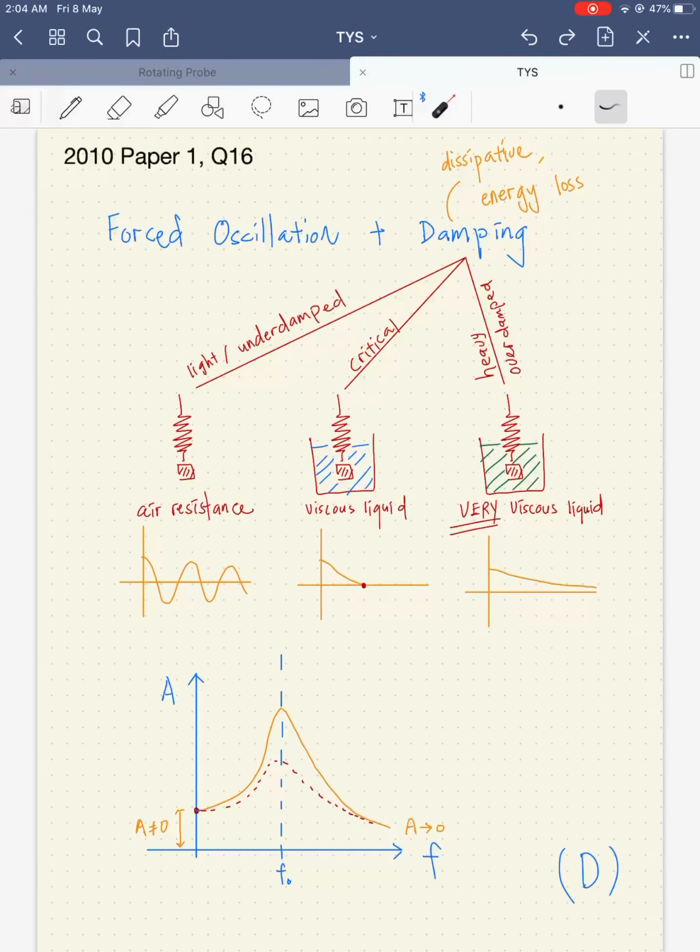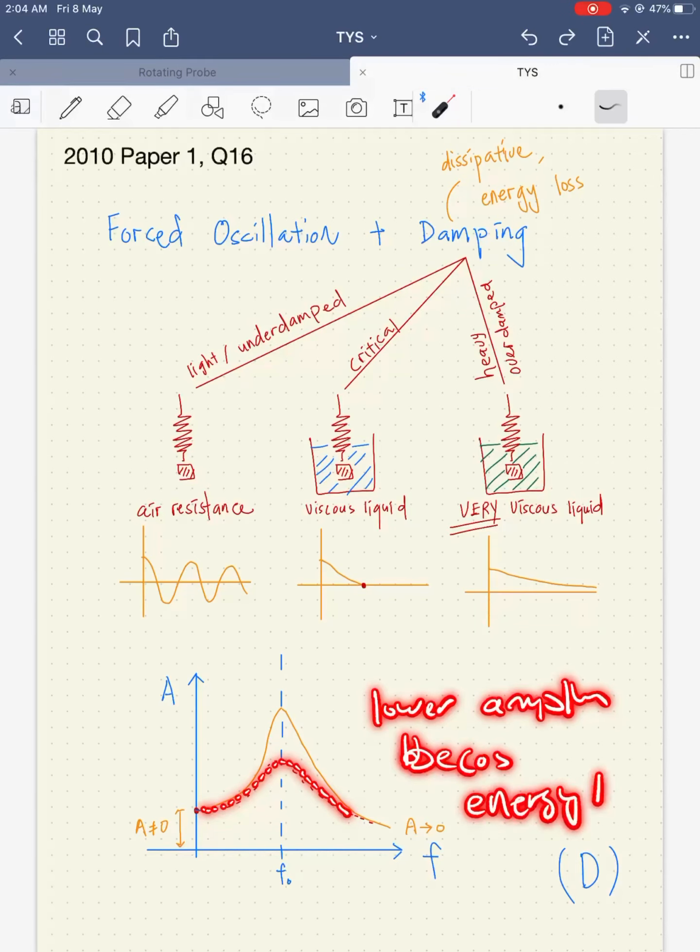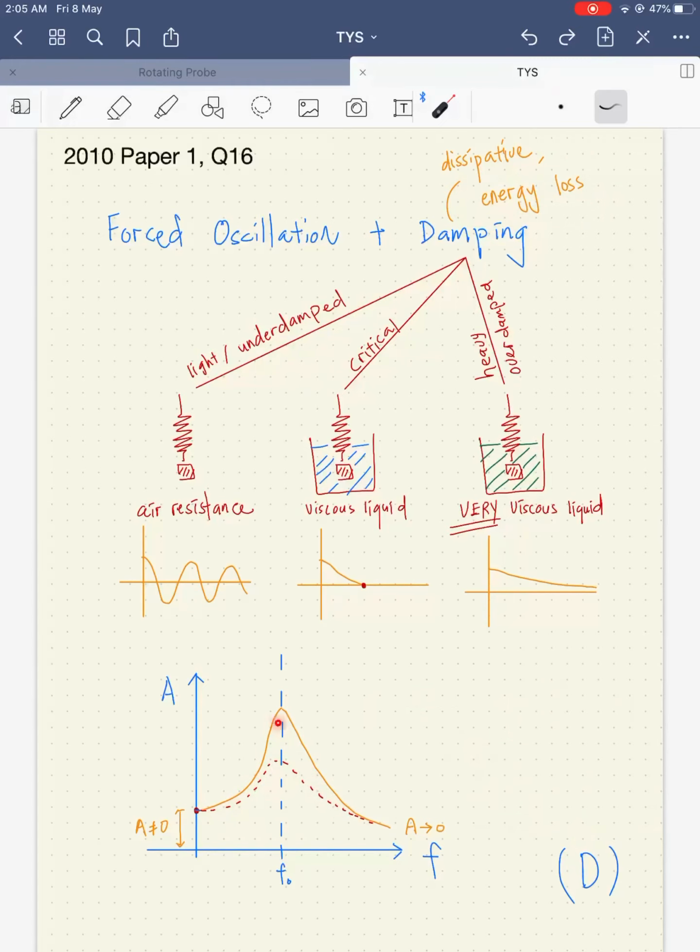So the result is the amplitude will be suppressed, meaning now the curve will have a lower amplitude. Why lower amplitude? Because energy is lost. We just said damping means energy loss, so that's why the amplitude is lower.